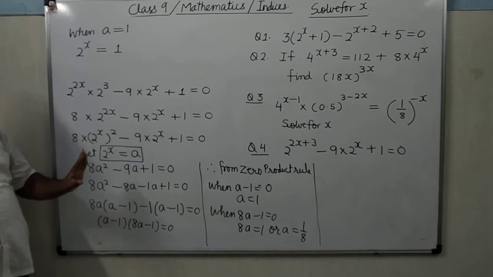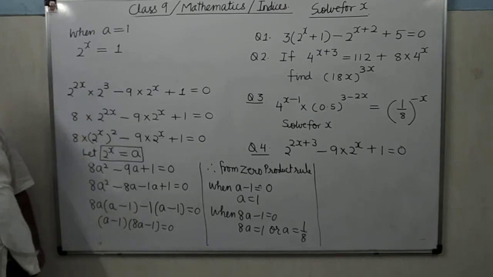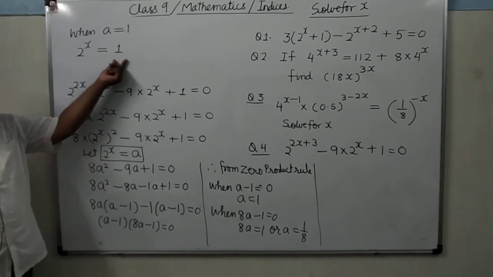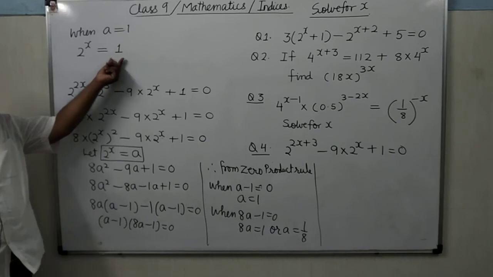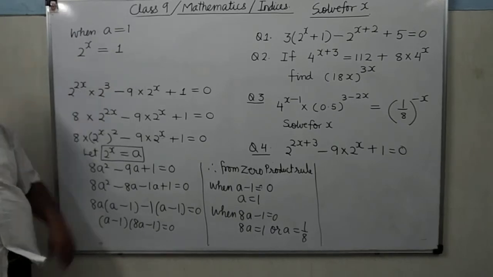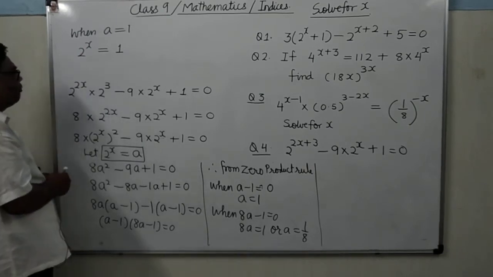Means what do we have to do? We have to write the right hand side in the power form. Then we will write this RHS in the power form in such a way that the base is 2 and the value is equal to 1. So how much power is raised over 2 so that the value is 1?